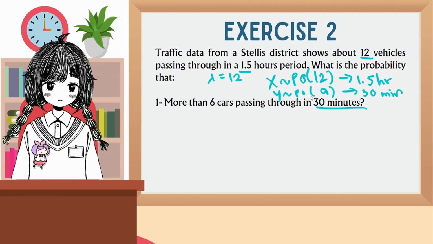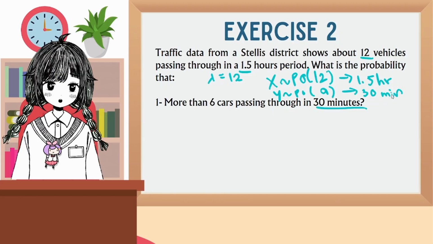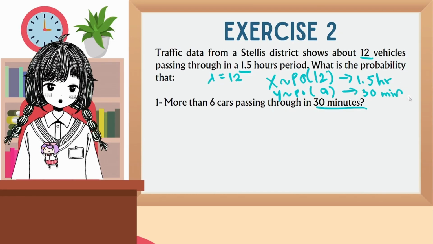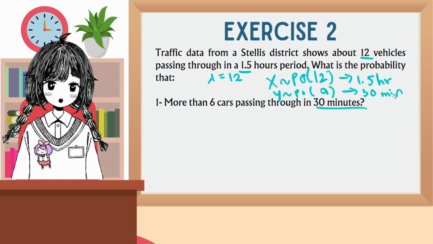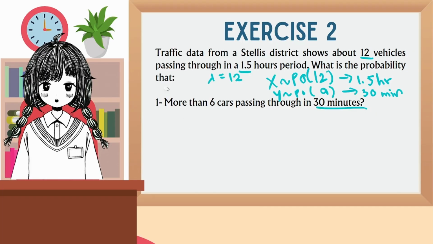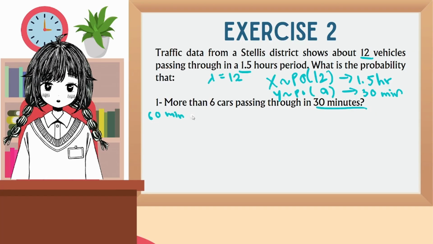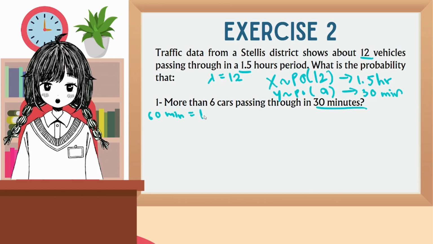So next step, we either change 1.5 hours to minutes, or we change 30 minutes to hours. This time, we choose to change 1.5 hours to minutes. We know 60 minutes is equal to 1 hour.